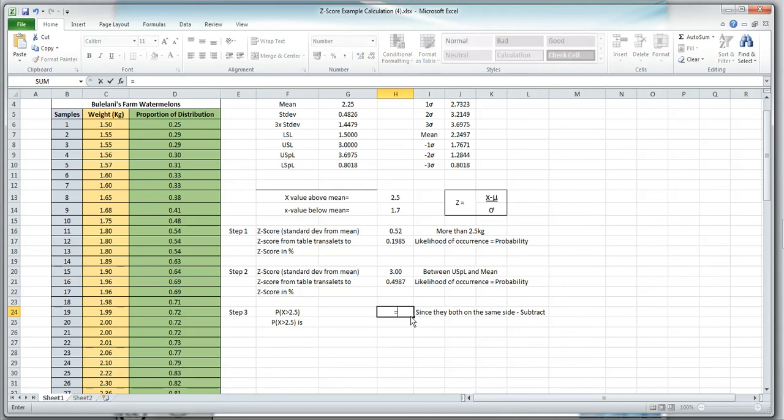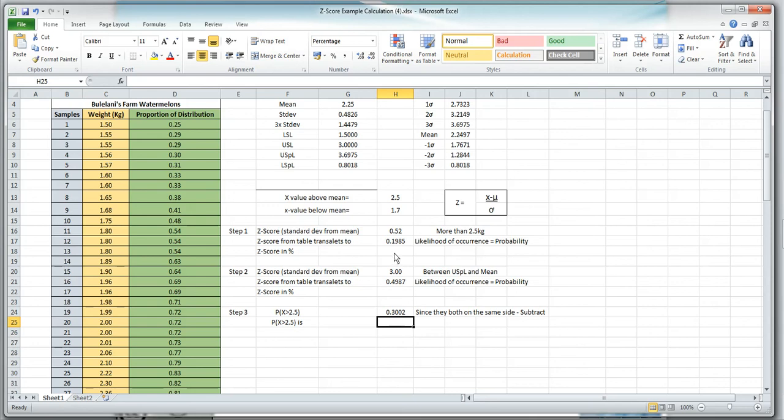We will say equals 0.4987 minus 0.1985. Then we get a value of 0.3002. So that value gives us the probability of selecting a sample weighing more than 2.5 kilograms.